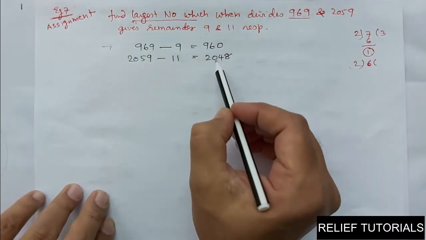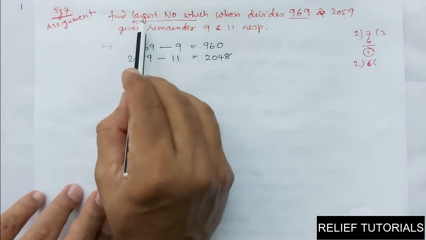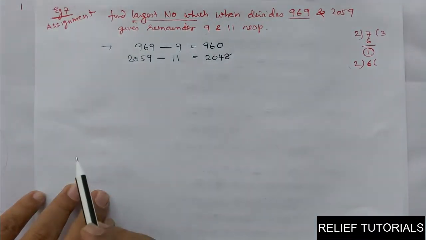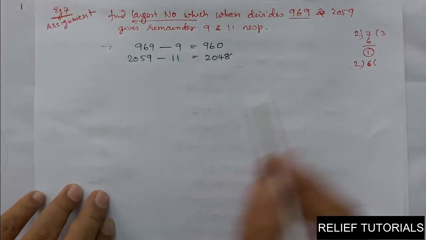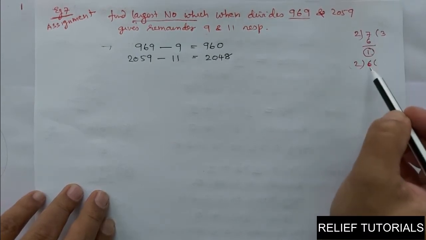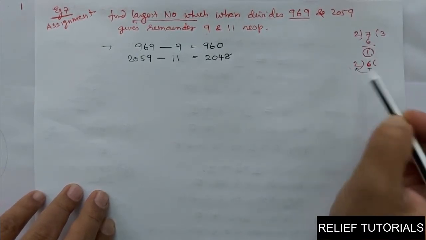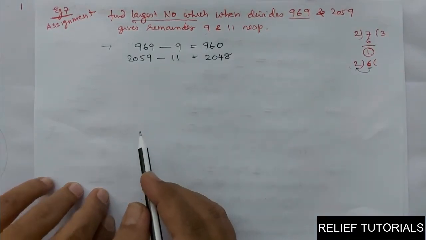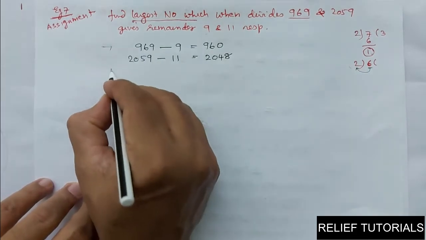So now these two numbers will be exactly divisible by that largest number. So that is the largest number which divides both the numbers, so it will be HCF. Are you understanding? See here, 7 leaves remainder 1. So if you subtract 1 from 7, you will get 6, which will be exactly divisible by 2. Clear?